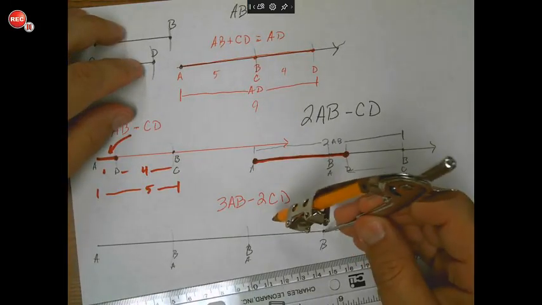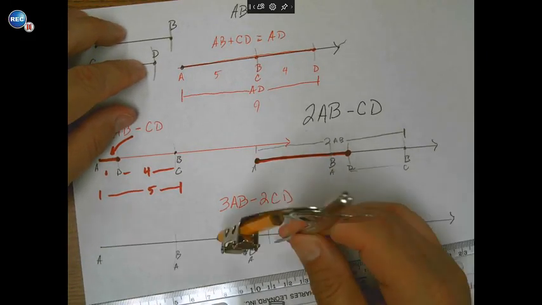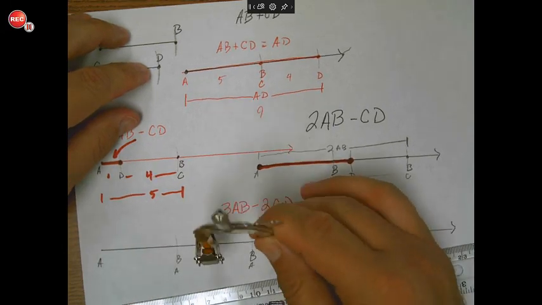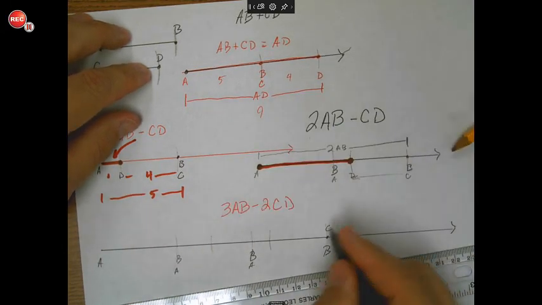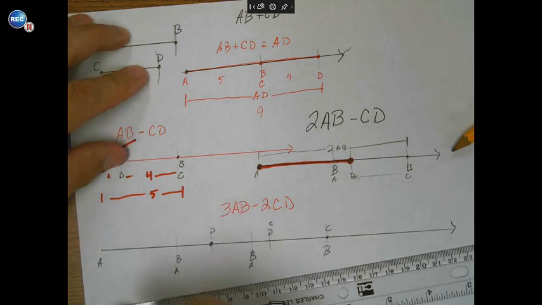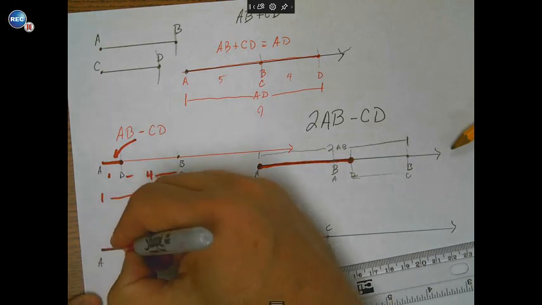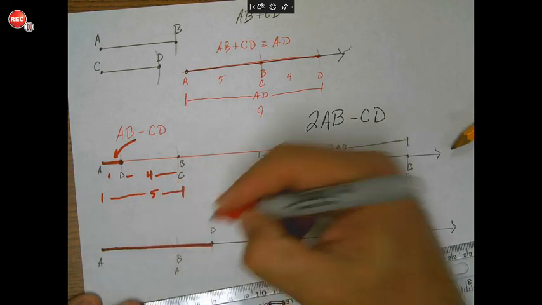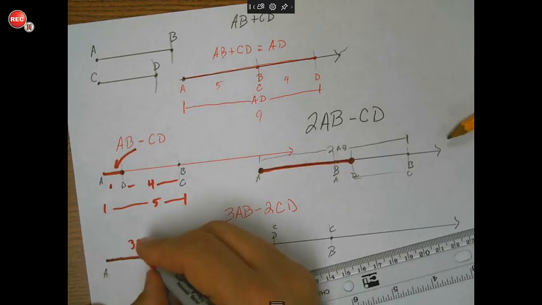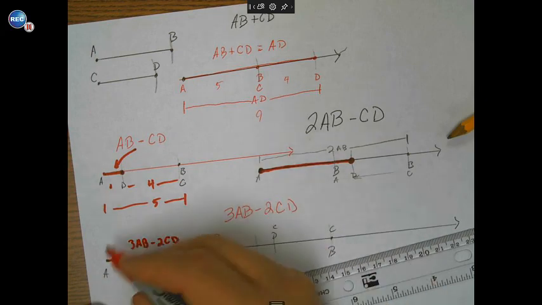Like a number line, subtract away. There's 1 CD. There's 2 CDs. So that means what is remaining, I'm going to outline in red. Here, there, represents 3AB minus 2CD.